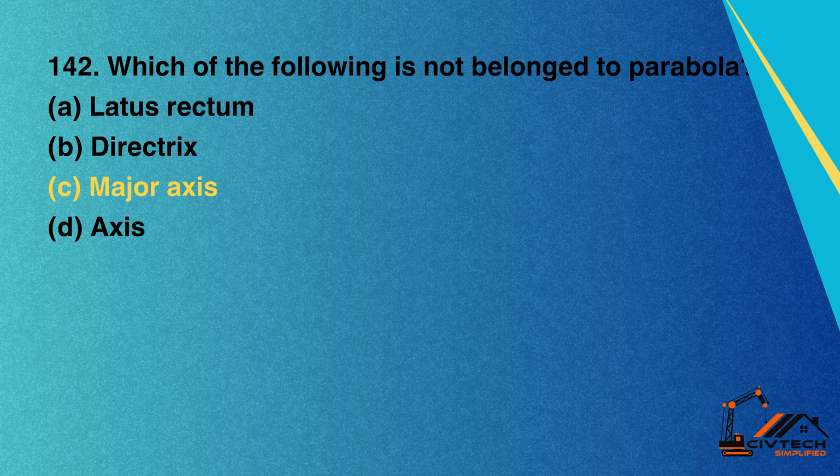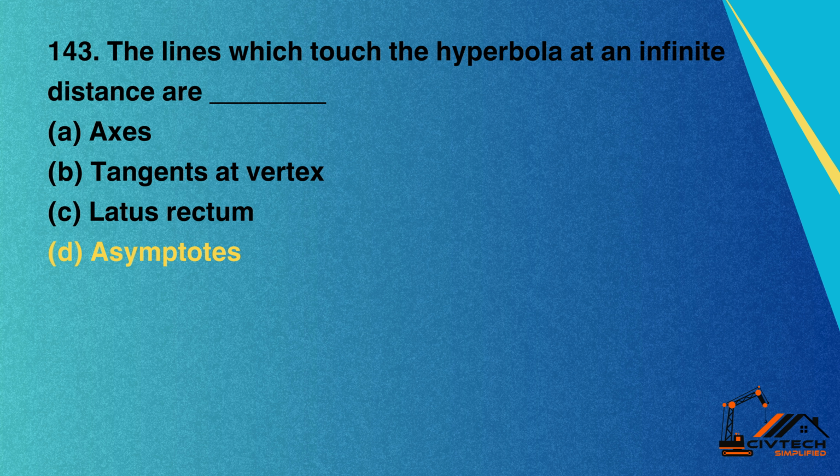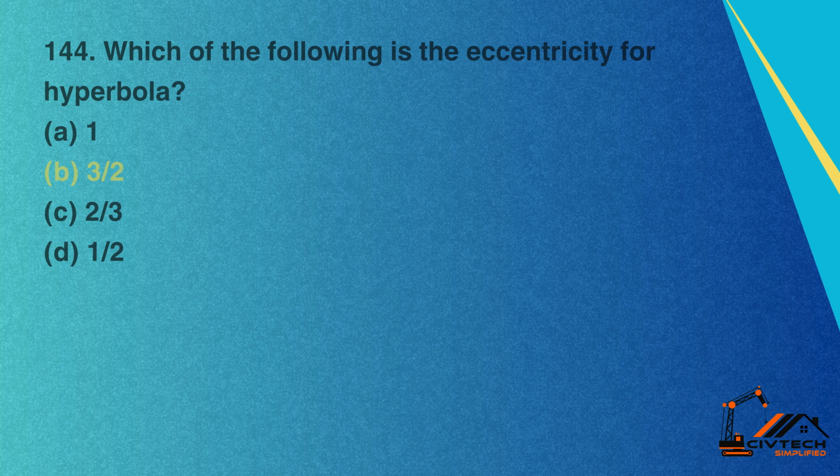C. Major axis. D. Axis. Correct option, C. Major axis. 143. The lines which touch the hyperbola at an infinite distance are called blank. A axis B tangents at vertex C latus rectum D asymptotes. Correct option, D asymptotes.